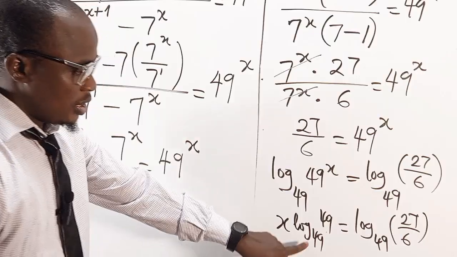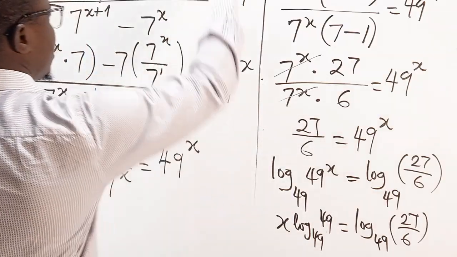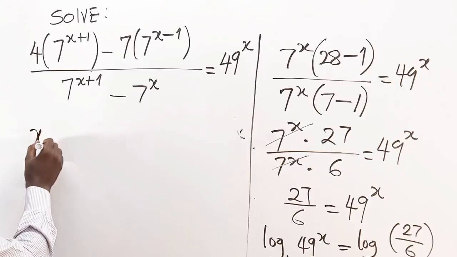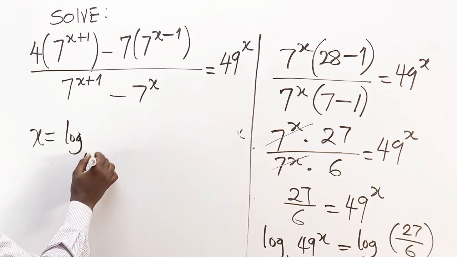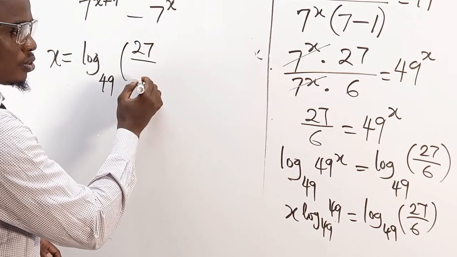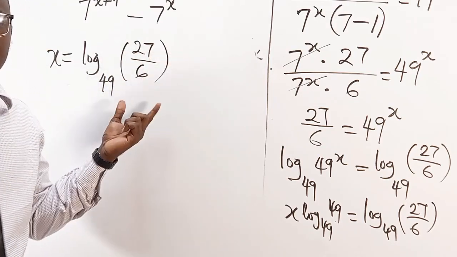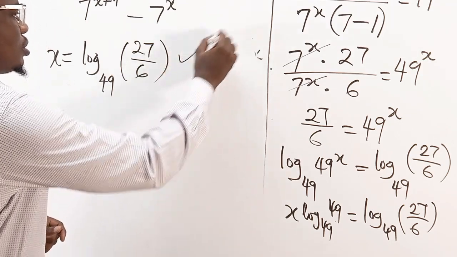So log 49 base 49 will be 1. x is equal to log base 49, then 27 over 6. And this is the solution.